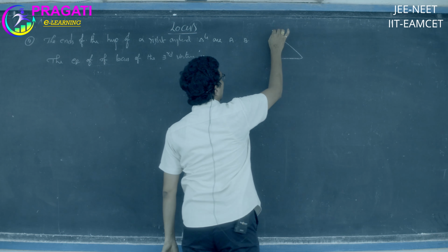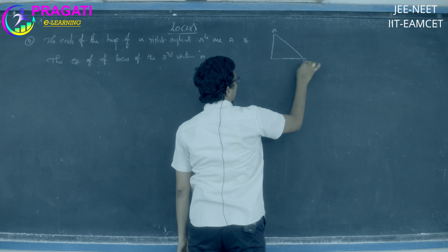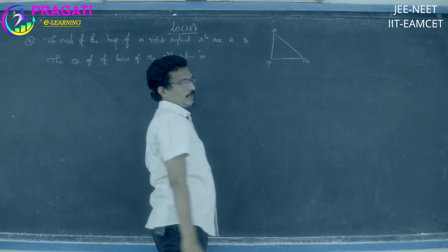Here the endpoints are A, B. The third vertex is denoted by P.